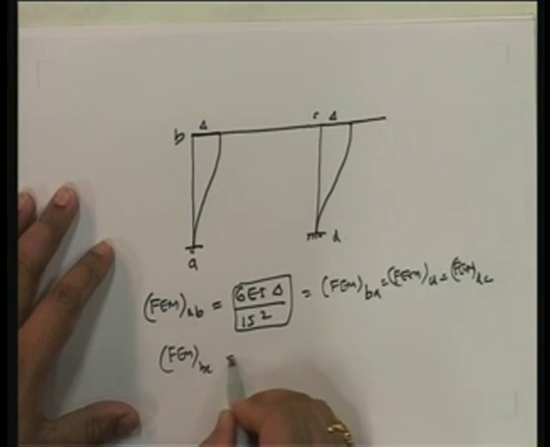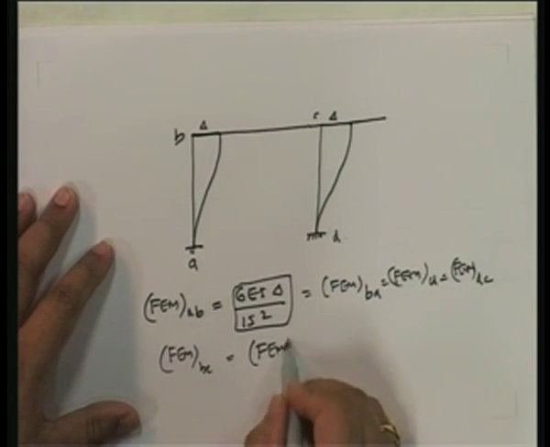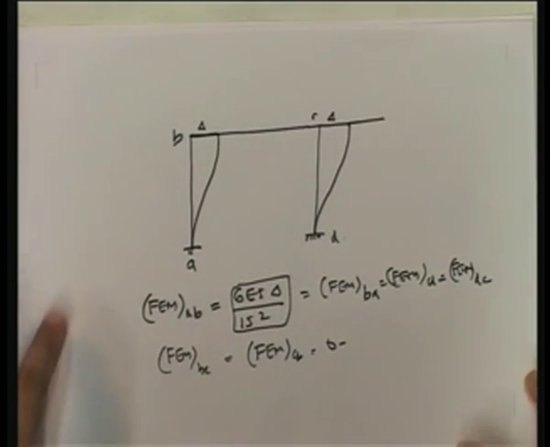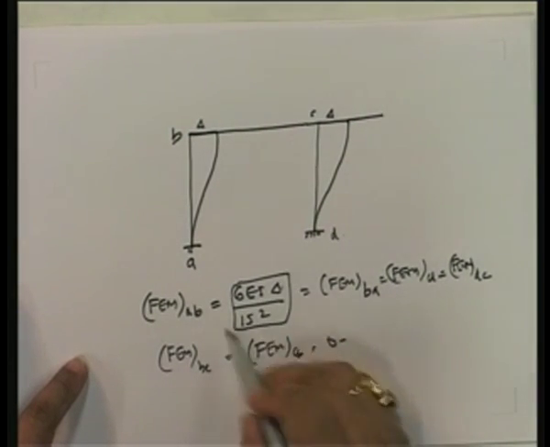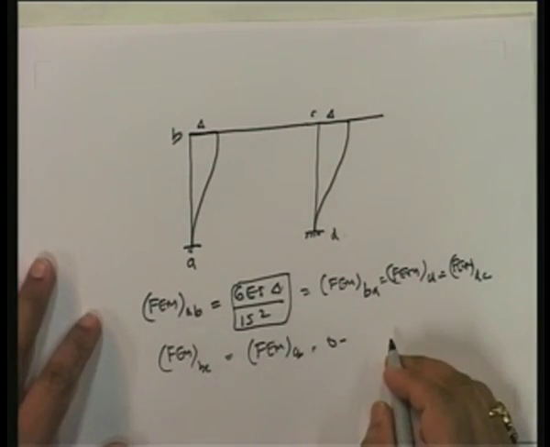FEM BC is equal to FEM CB is equal to 0. Okay? So, having done that, we can now say that the fixed end moment, let us say this is equal to 100.